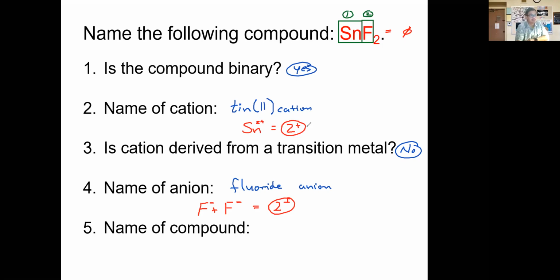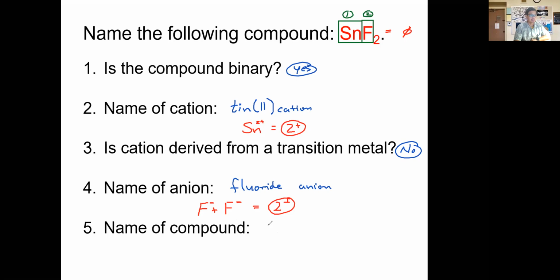Folks, what we did here is analyze the charge and make sure that the compound is neutral. We will do more of that tomorrow when we talk about how we write out the formulas for these compounds. But already you see that you have to be able to understand what this formula tells us. So this is the name of the cation, tin(II), and this is the name of the anion, fluoride.